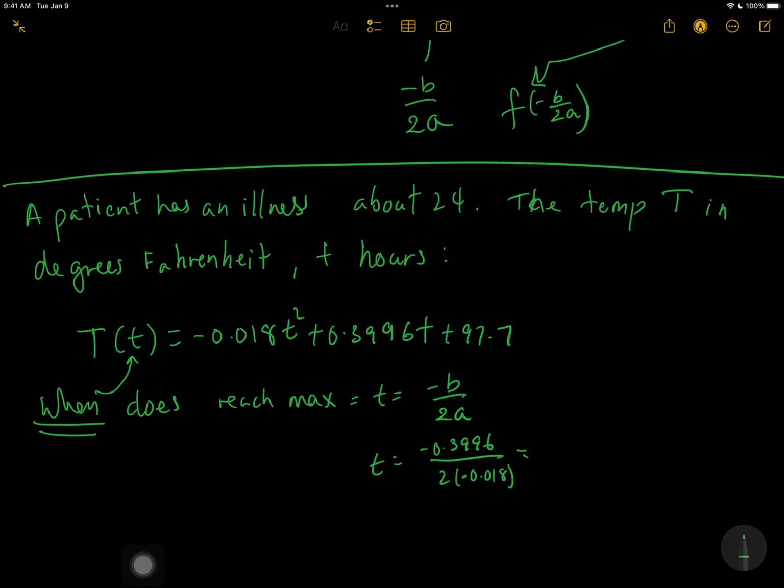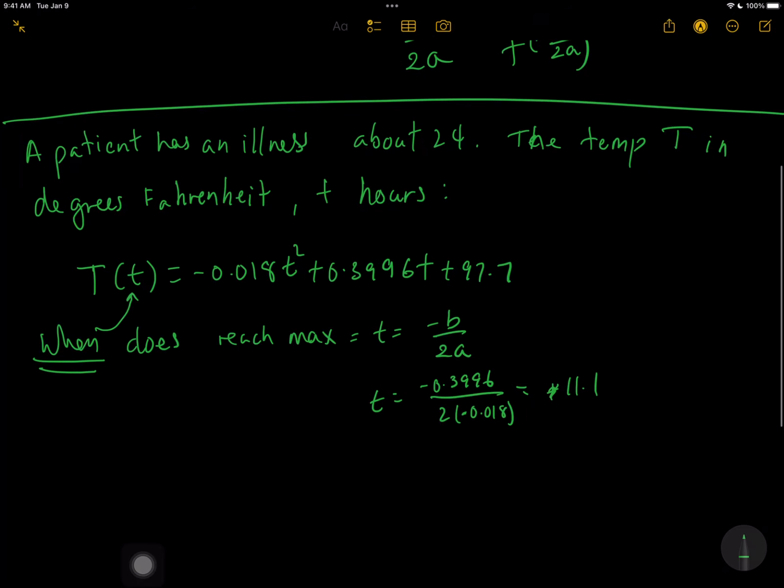That gives us an answer of positive 11.1.